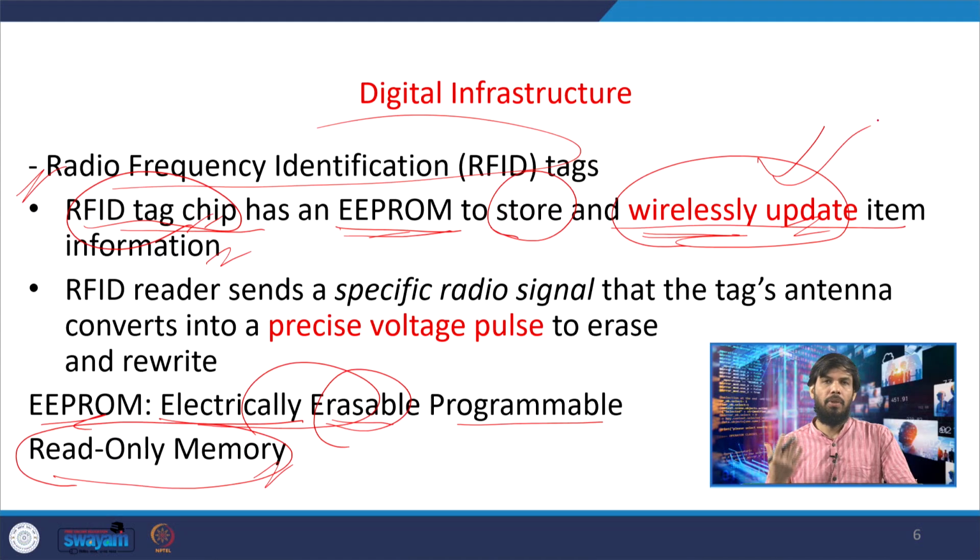Therefore, the older RFID tags which did not have EEPROM had to be taken closer to the reader for you to erase and update the new item's information, right. But now, because of so much fast movement that happens in stores or warehouses, it is not very productive.